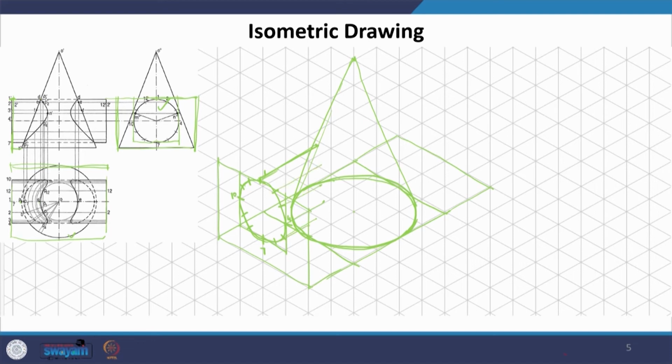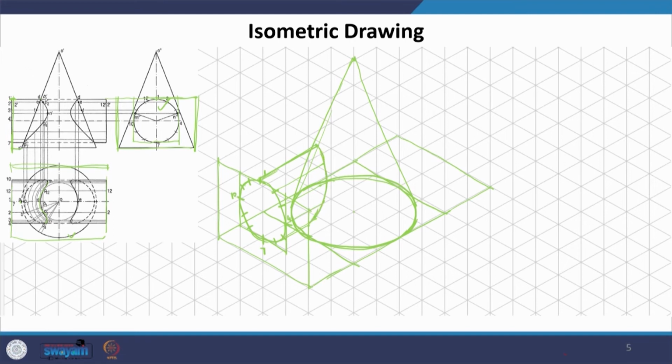So, we will get all these points. We just have to draw exactly the same parallel lines. We will draw from here, this 1, 2, 3, 4 and like that, and see where they are exactly intersecting this cone. So, we will get all these points, we mark and we join.